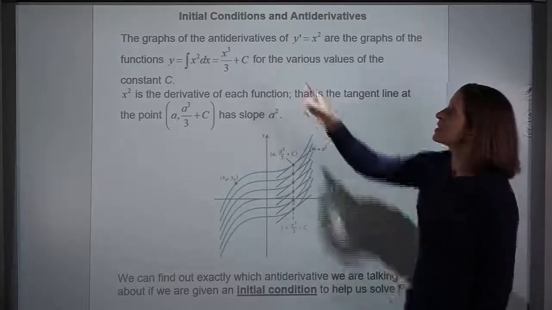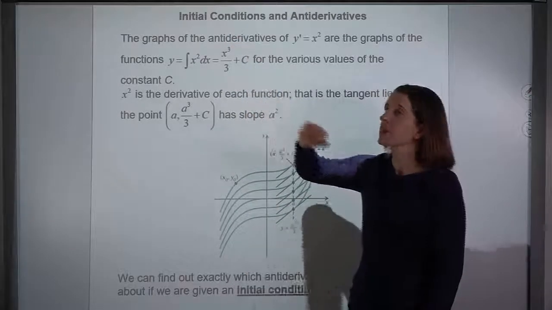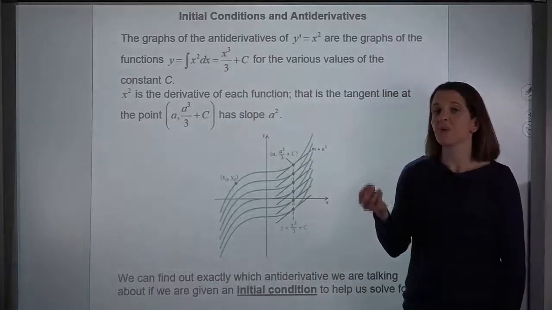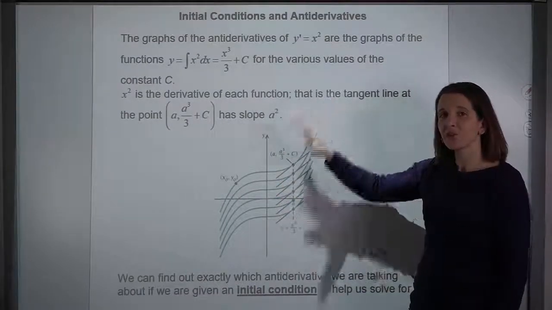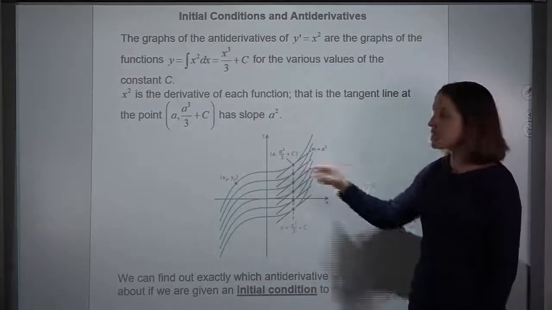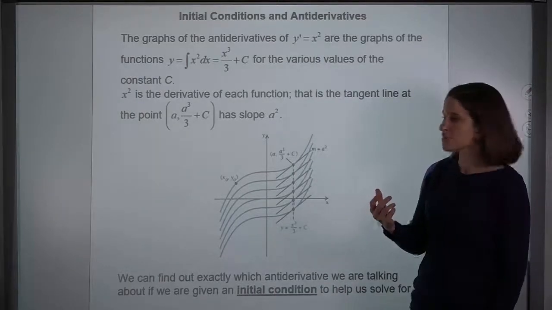So what we're going to be doing is given an initial condition, and you've probably heard of that in science class at some point, an initial condition, a value I know about the function to say, I mean that one, right? So instead of getting a whole family of functions, I can identify the particular one I'm talking about based on one fact I know about the function.